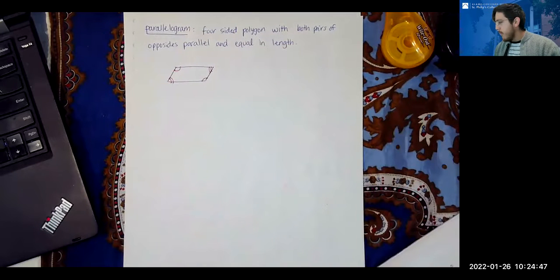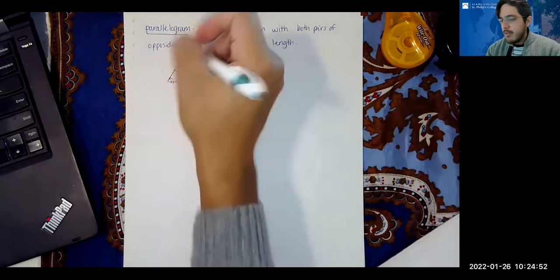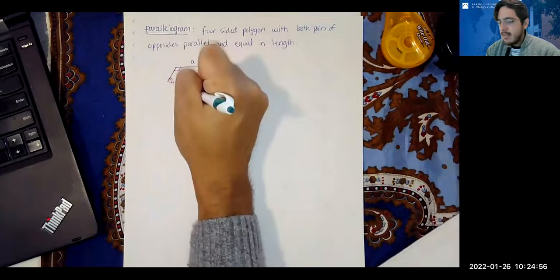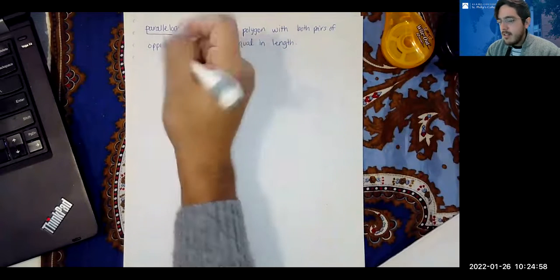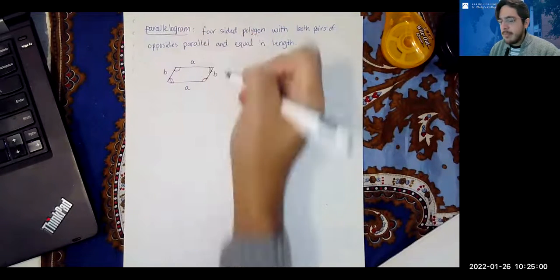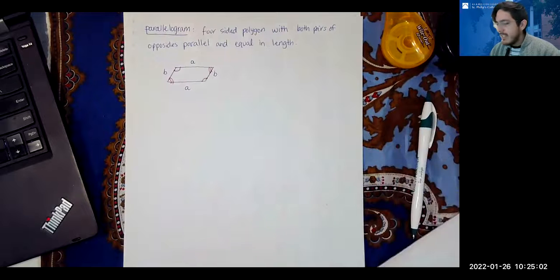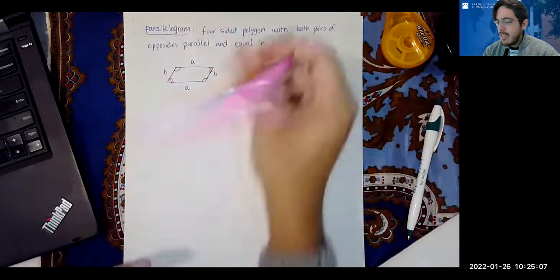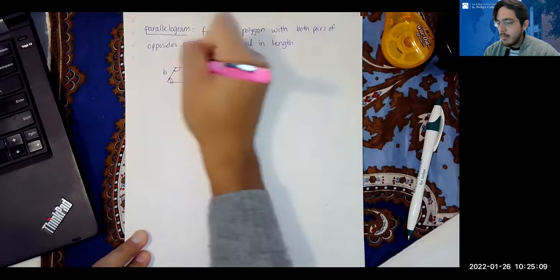But essentially, for a parallelogram, you have, let's call this side A, and this side is A. This side is B, and we'll call that B. So again, if we needed to calculate the perimeter, all we need to do is go around and add up all of the sides.